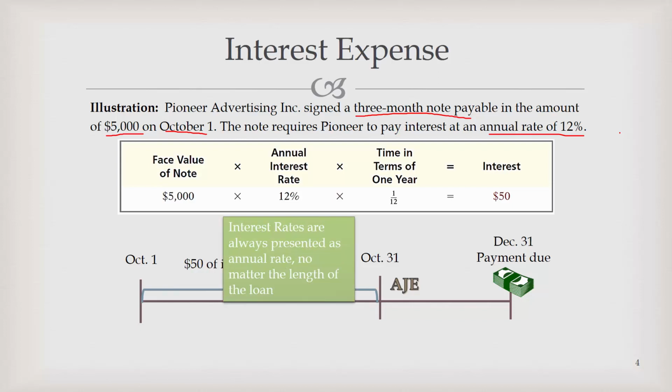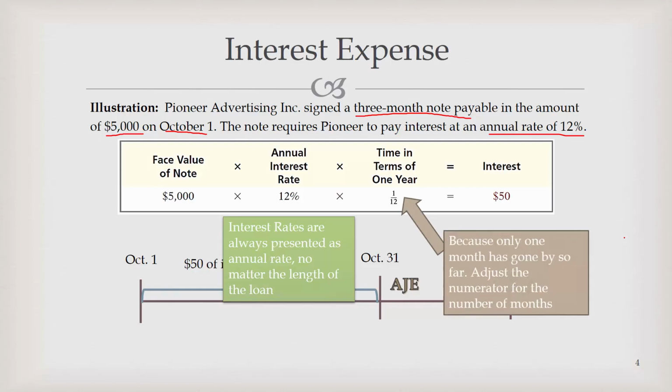Okay, so our interest rates are always presented as annual rates. It doesn't matter what the length of the note is, which in this case is only 3 months. Our interest rate is an annual rate of 12%. So we need to multiply our rate times the amount of time that's gone by in terms of 1 year. And so in this case, only 1 month has gone by, right?